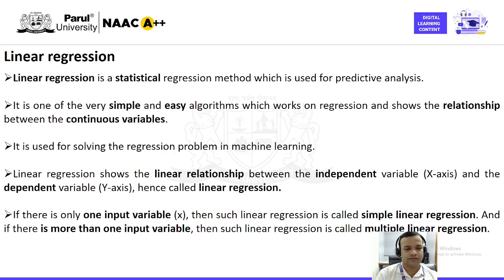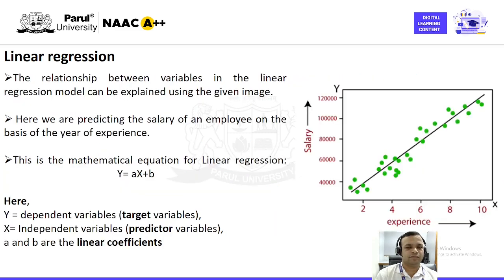So this is the basic difference between simple linear regression and multiple linear regression. Simple linear regression has only one input variable, and multiple linear regression has more than one input variable.